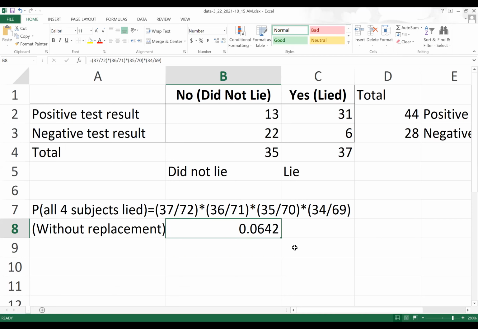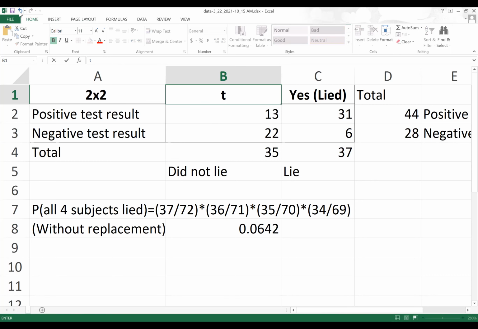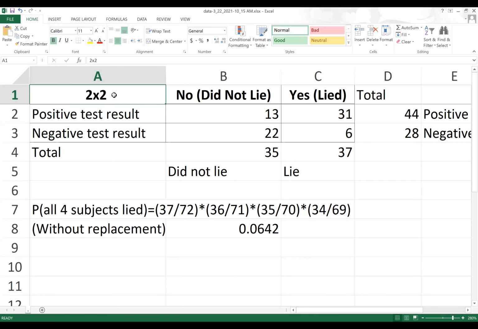But any question on this? First of all, understand the table. This is a 2 by 2 contingency table. Different tables could be 2 by 3, but this is a very typical 2 by 2 contingency table.